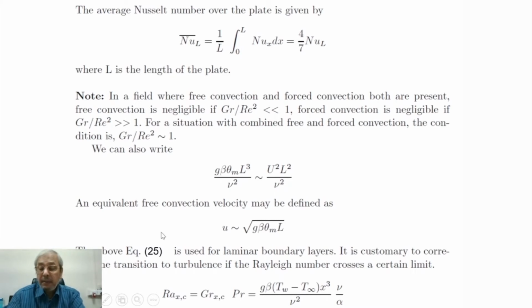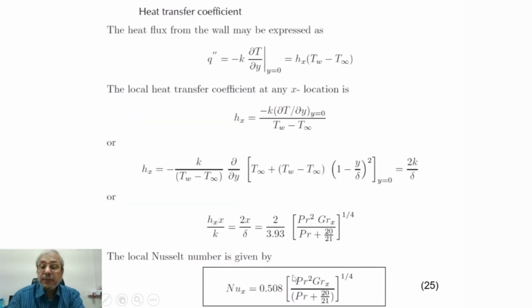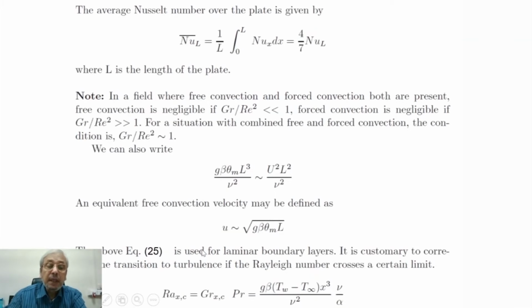So in the above expression, the earlier expression 25 is used for laminar boundary layers. It is customary to correlate the transition to turbulence if the Rayleigh number crosses a certain limit, and the Rayleigh number is basically the Grashof number into the Prandtl number.